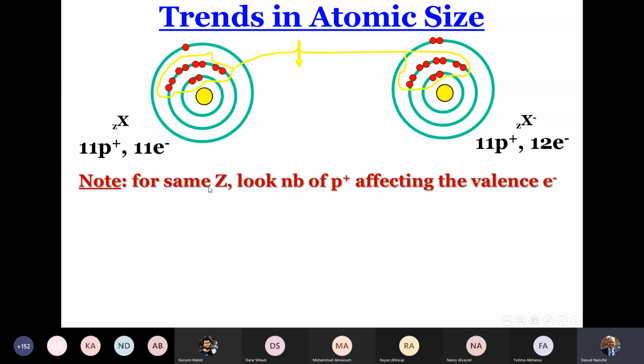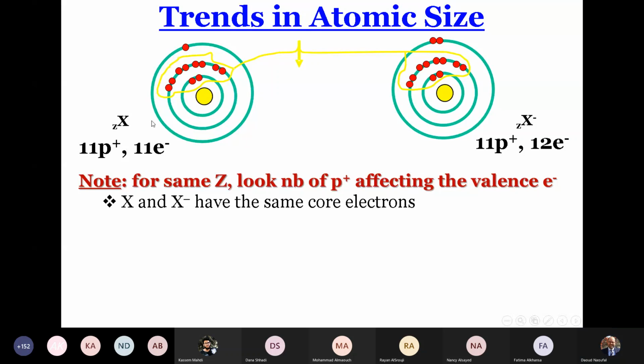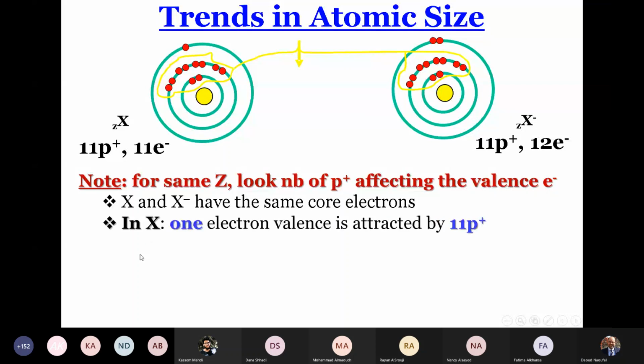For the same Z, look at the number of protons affecting the valence electrons. X and the second, X minus, have the same core electrons, 10. In X, I have 1 valence electron. In X minus, I have 2 valence electrons.